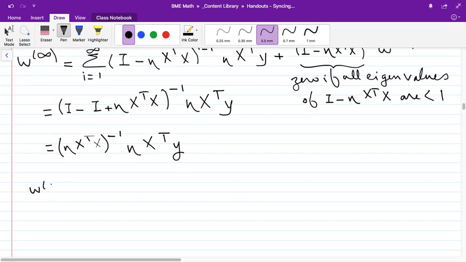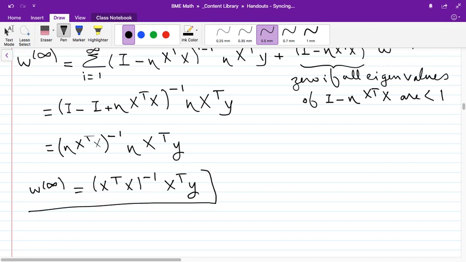So then W at the end is x transpose x inverse times x transpose y. That was our normal equation.